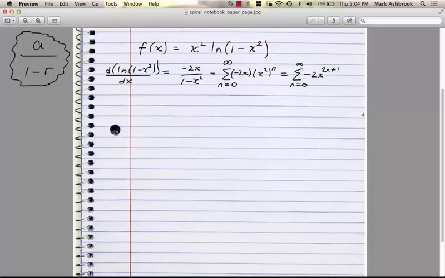Yeah. But then I'm trying to get this so I can multiply the x squared back in. Plus 1 because we have another x. Yeah. X to the 2n times another x, so plus 1 more x, good.